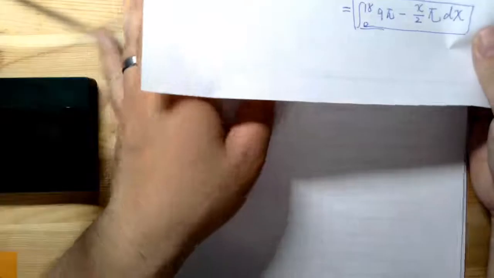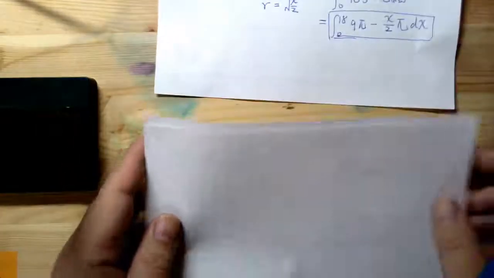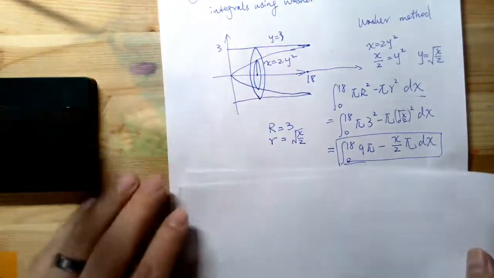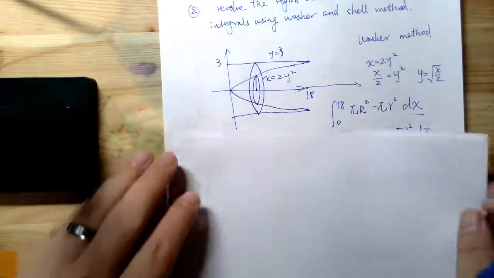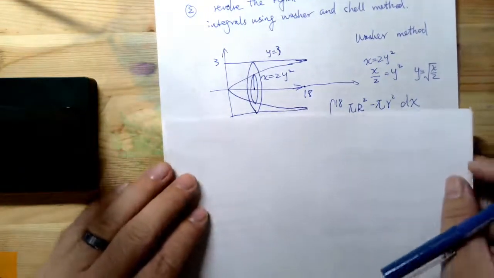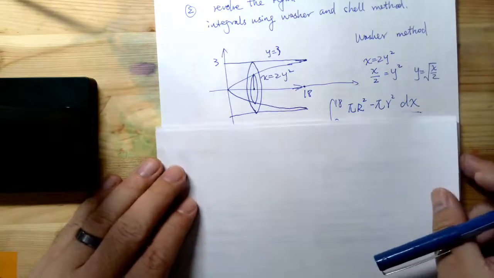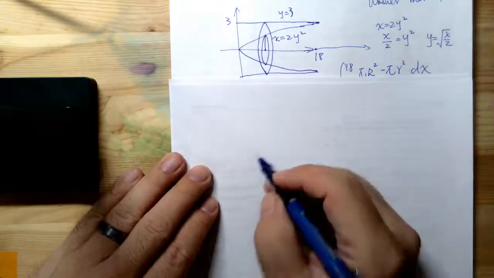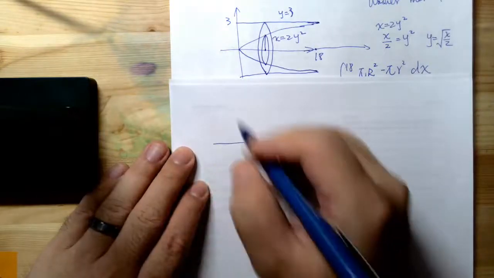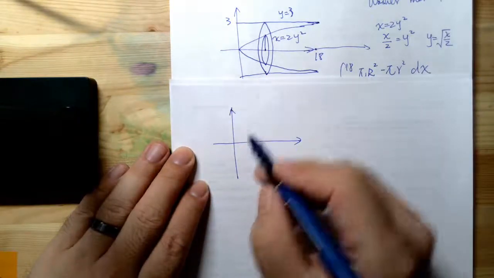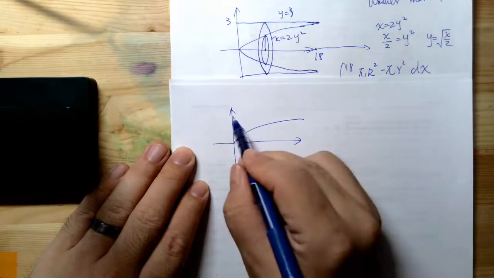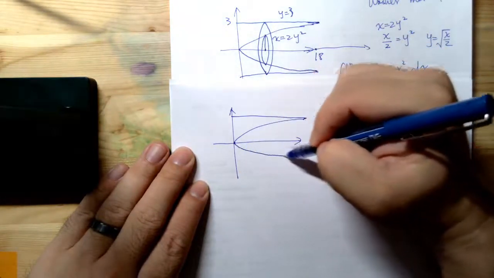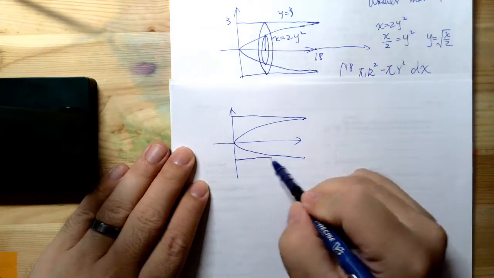But if I want to use the shell method, again, let me draw some graph first so that it can help you understand better. Okay, so it's going to be something like this.